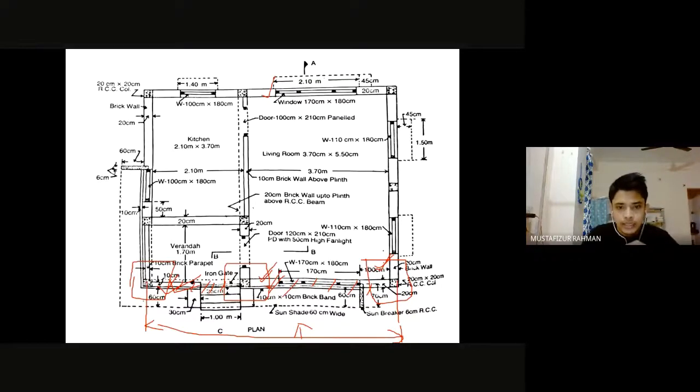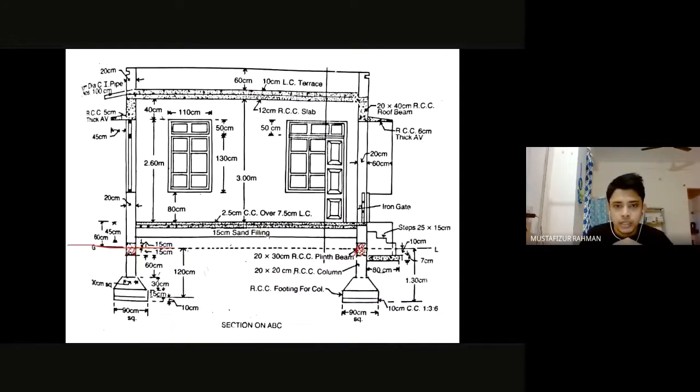The total length here was 6.30, which we have already calculated by adding 2.1, 3.7, 0.1, half of 0.2 and half of 0.2. Doing that, we have already found the center to center length from here to here. Then we have to subtract the excavation done for one full column, and half of the excavation done for one column on one side and half for the other column on the other side. That much we have to subtract because that portion is already excavated.